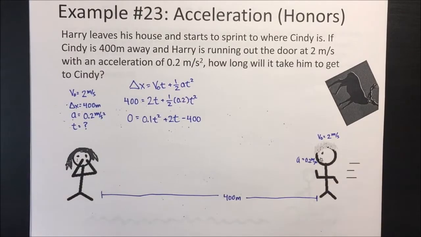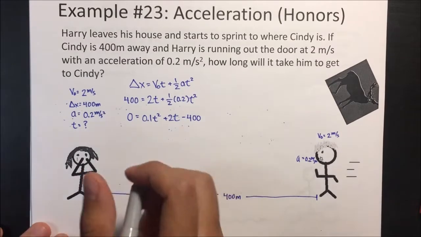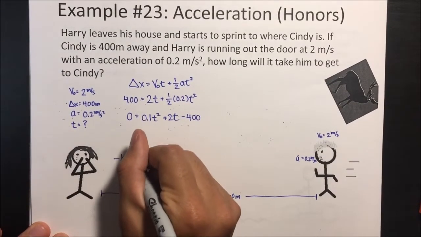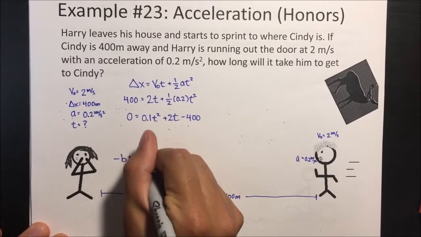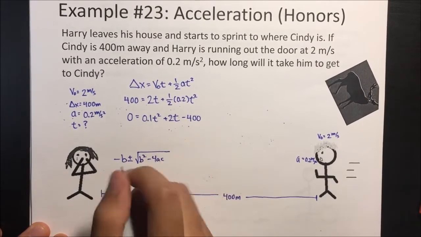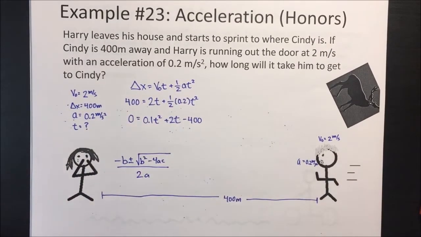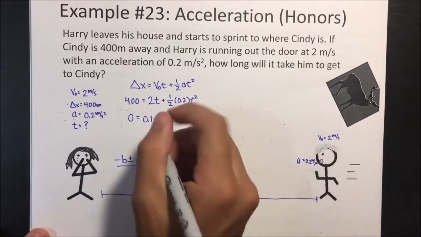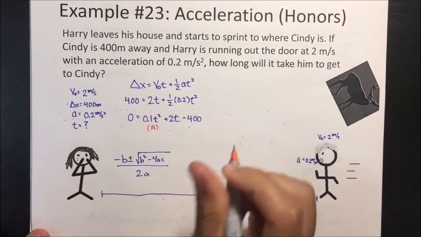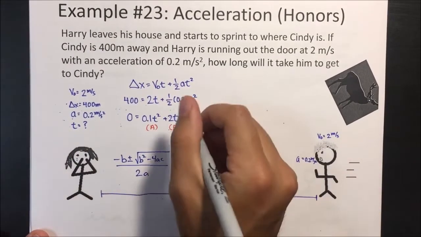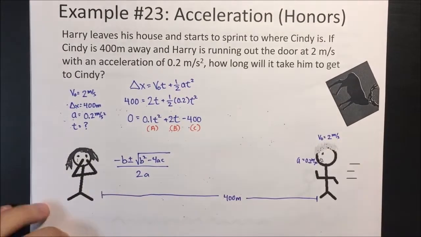So it's important to know the quadratic formula: negative b plus or minus the square root of b squared minus 4ac, all over 2a. If you remember, the term with the variable that's squared is a. The one with the single variable is b. And the one without a variable is c.